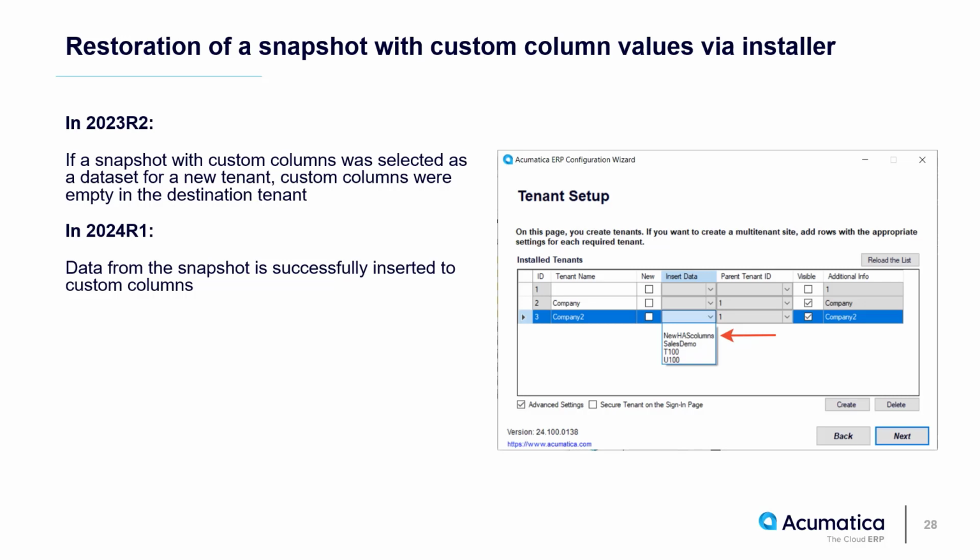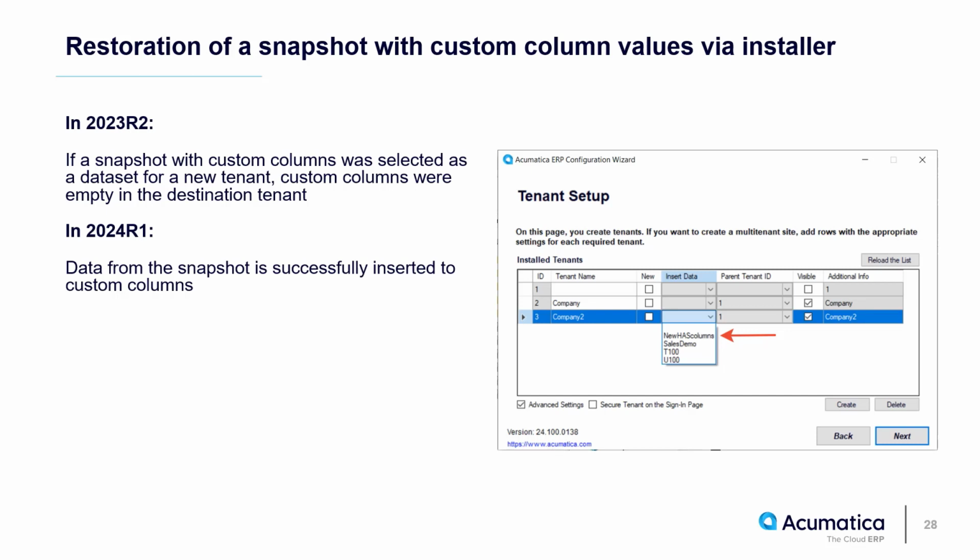In previous versions, when you wanted to restore a snapshot that was more than 1 gigabyte, you had an option to do it through the Acumatica installation wizard. However, that option had one significant flaw, which is it was not restoring any custom columns.